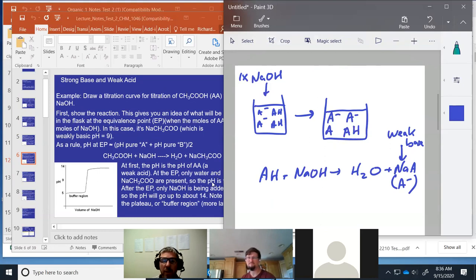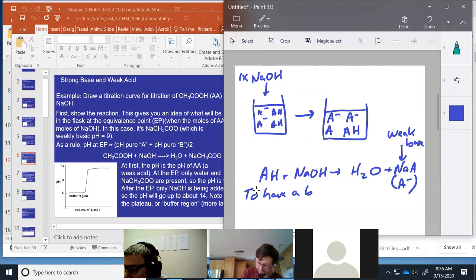Very quick and dirty, here's what I can tell you about how you know if there's going to be a buffer region or not. And we only talk about buffer regions really at the beginning.